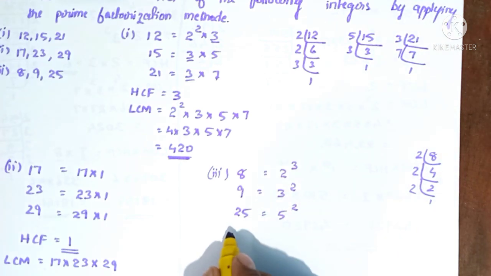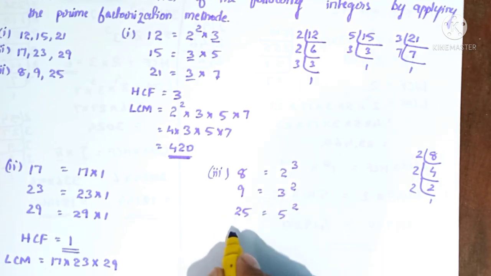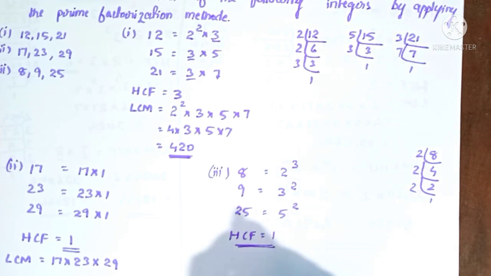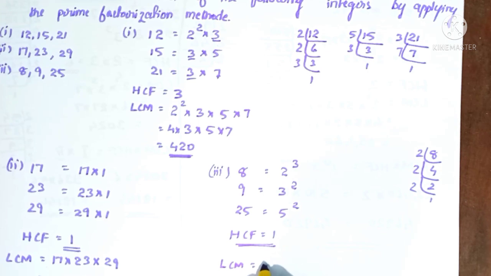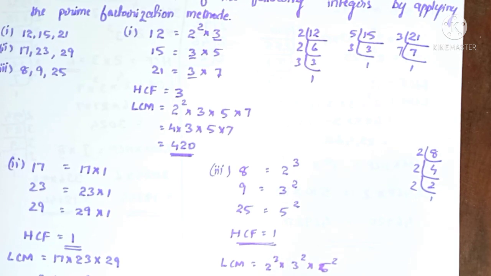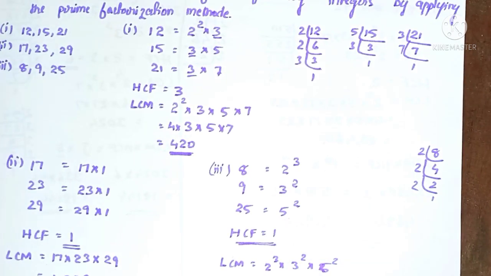So what is the HCF here? Is there any common factor here? So it's 1. HCF is equal to 1. And what is the LCM here? LCM is equal to 2 cube into 3 square into 5 square, that is 8 into 9 into 25, that is 1800. This is our LCM. Okay.